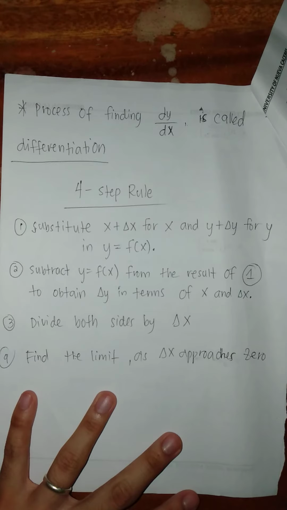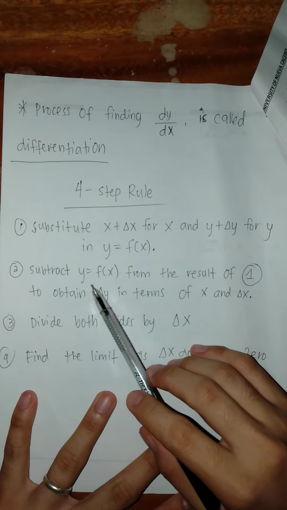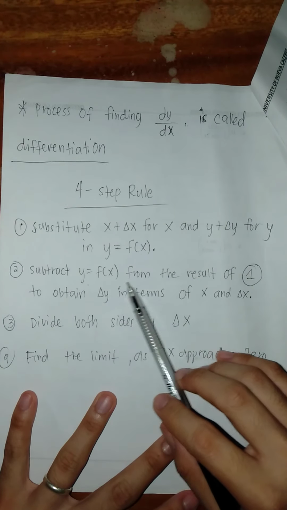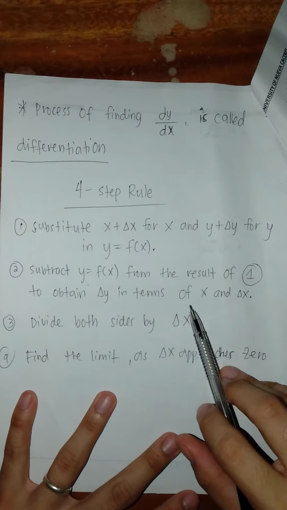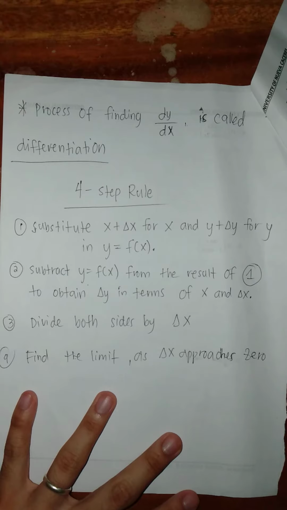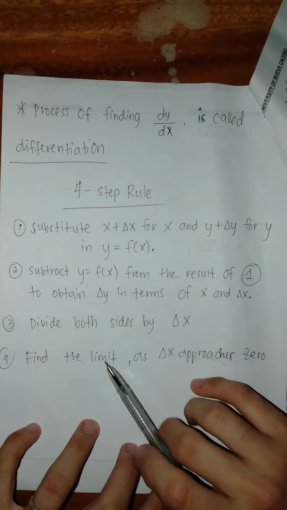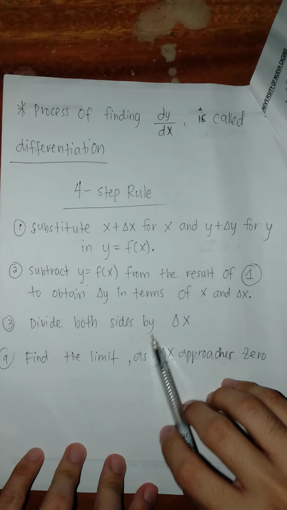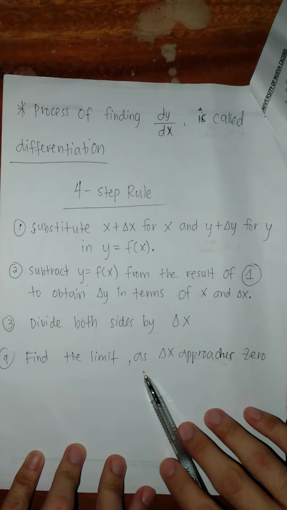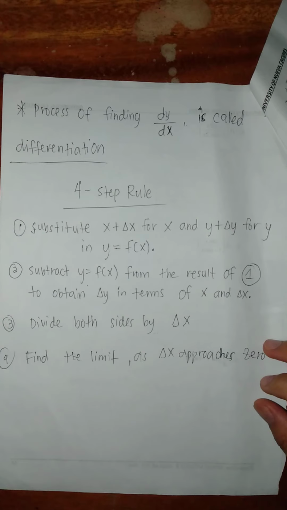That's step number 1. Step number 2, subtract y equals function of x from the result of step 1 to obtain delta y in terms of x and delta x. Step number 3, divide both sides by delta x. Then lastly, find the limit as delta x approaches 0.